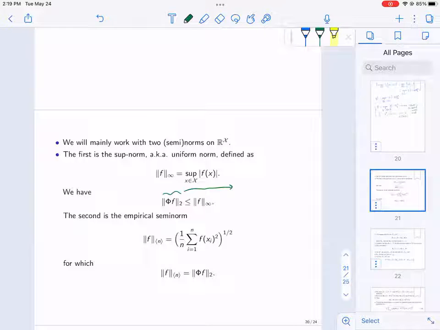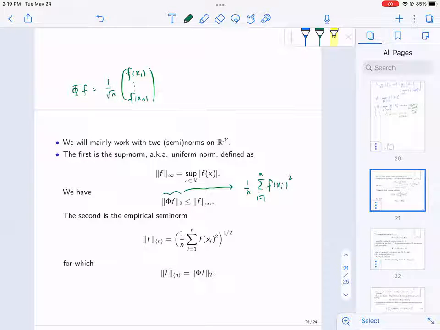So given what phi was, what would this be, if you recall? Phi is 1 over root n. Can you say it loudly? 1 over n, summation i from 1 to n, f of x i squared.